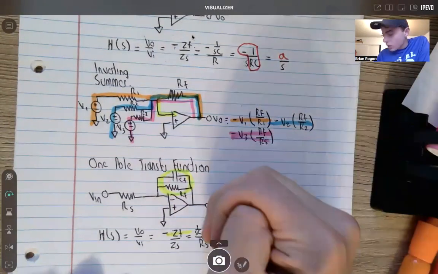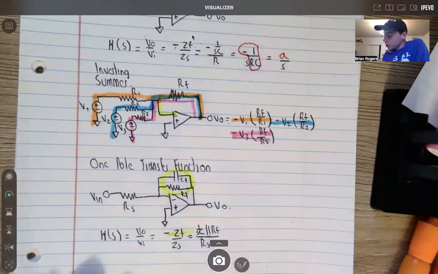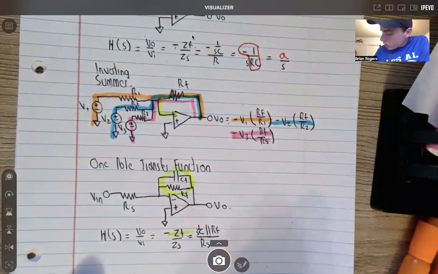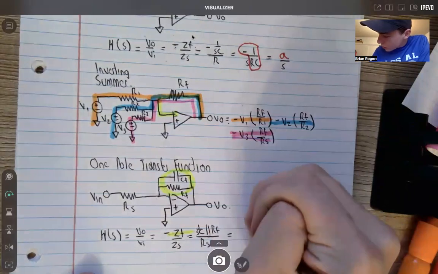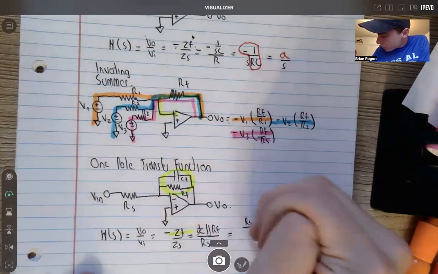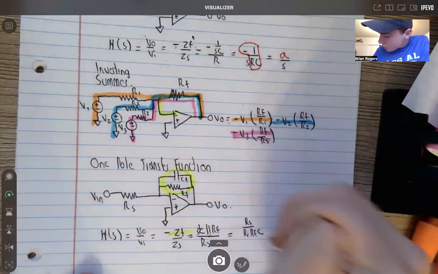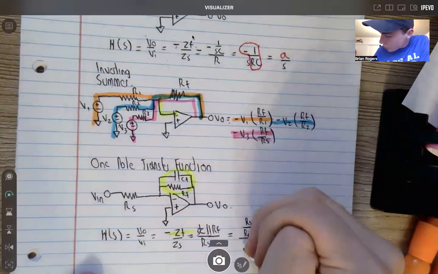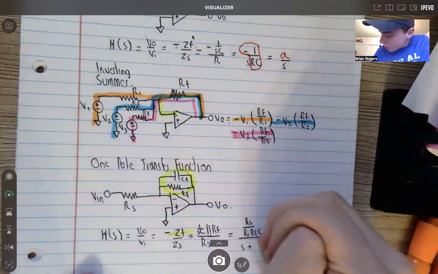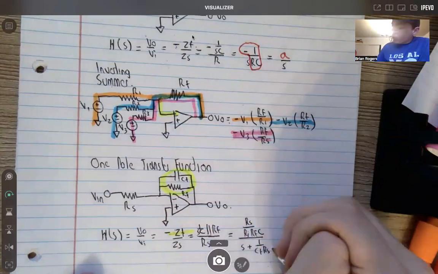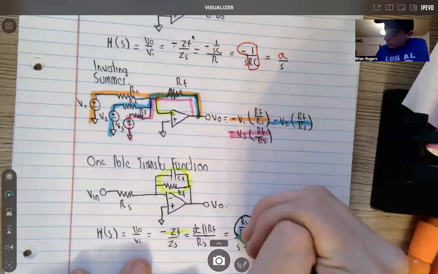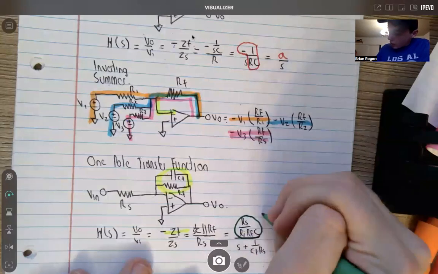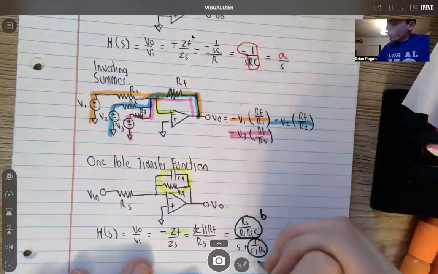And when you do this relationship, what you're going to notice and receive in the end is you're going to get R of F over R of S R of F C, all over S plus 1 over C of F R of F. And then you're going to do the exact same thing where you put this as a B, and then this one as an A. And why is it called one pole then?